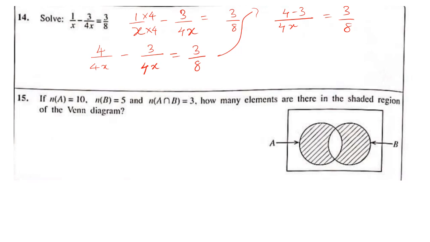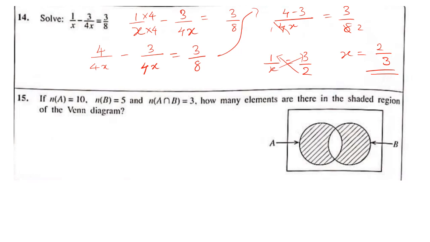Then you can multiply both sides by 4, then you get something like this. Then you get 1 divided by x is equal to 3 divided by 2, and you can do this cross multiplication and you can get x is equal to 2 over 3. This is how you get the answer.